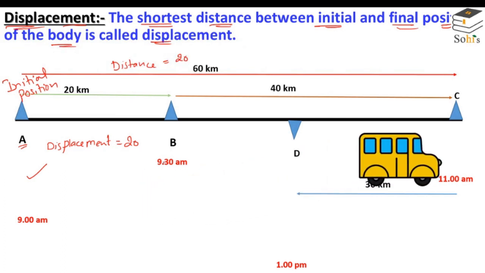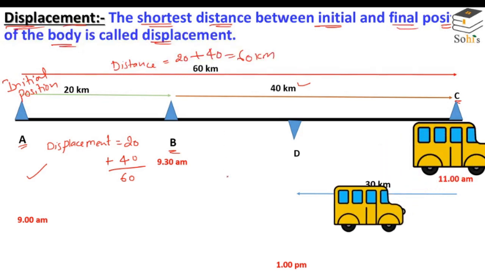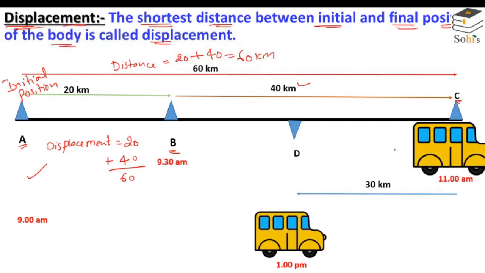Now the body moves from B to C, covering a distance of 40. So distance becomes 40 more and displacement again becomes 20 plus 40, it becomes 60 kilometers. Now the most important point is here. The body comes back to point D after covering 30 kilometers.